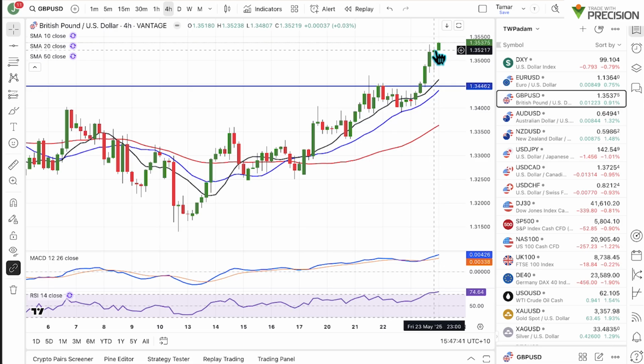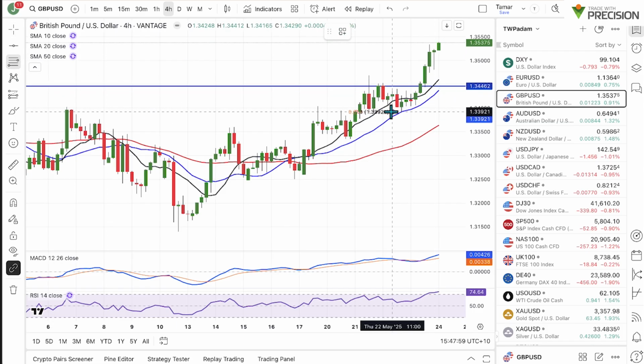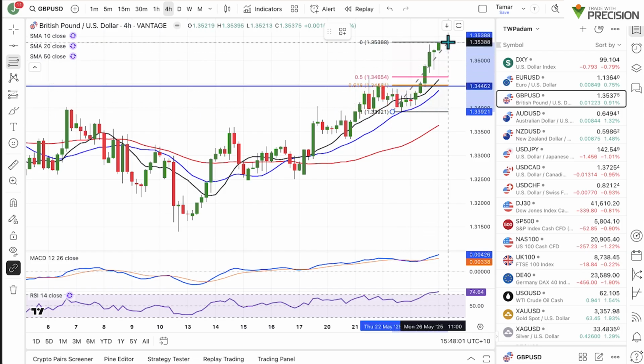But here I'm looking for the market to pull back to test that level from above. If and when the market pulls back into that area, it will also be back into the buy zone, the area between the 10 and the 20 moving averages. What I'd like to do also is add the Fibonacci retracement of this latest move.